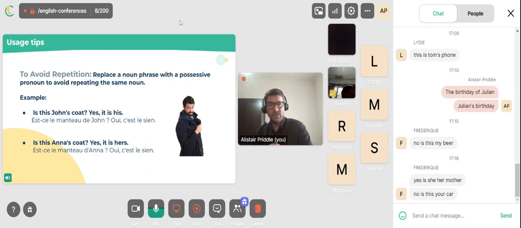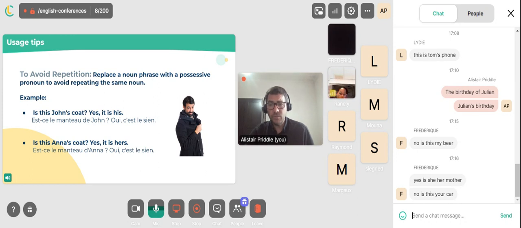Okay, some more tips for using these possessives. To avoid repetition, replace a noun phrase with a possessive pronoun to avoid repeating the same noun. Let's have a look at two examples.